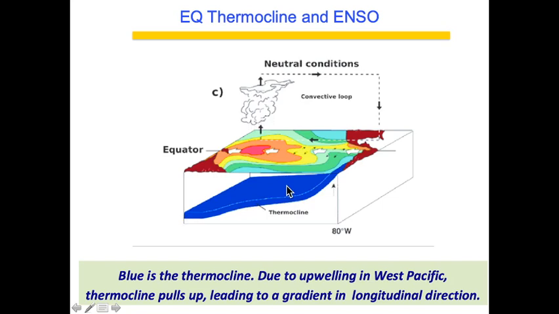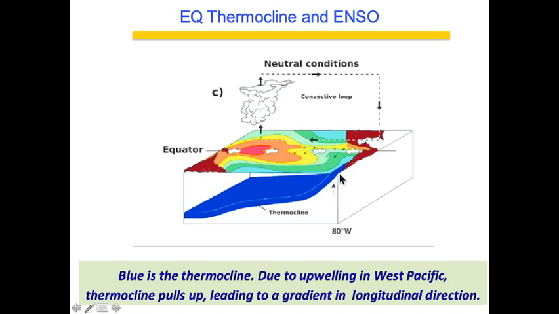What happens generally is that there is upwelling in the East Pacific and there is downwelling in the West Pacific. So this makes the thermocline shallow in the Eastern Pacific, whereas it makes the thermocline deeper in the Western Pacific.